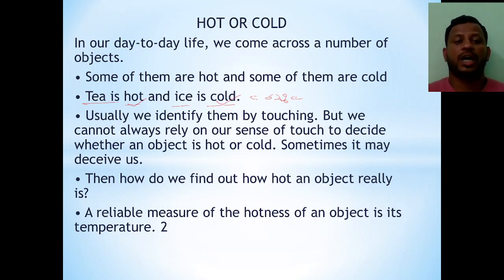But we can't always rely on our sense of touch to decide whether an object is hot or cold. Sometimes it may deceive us. In some situations we can't tell whether the object is hot or cold. Then how do we say that the object in front of us is hot or cold?